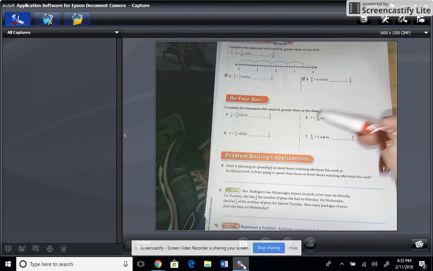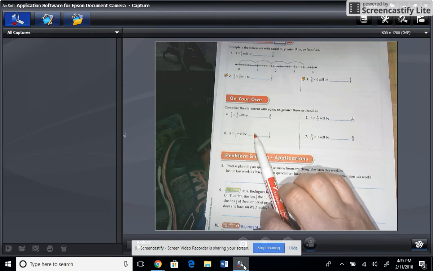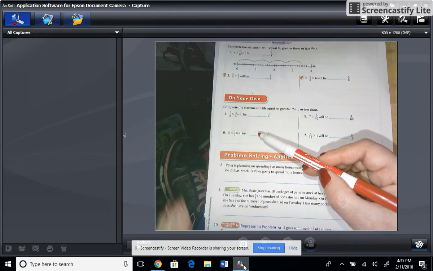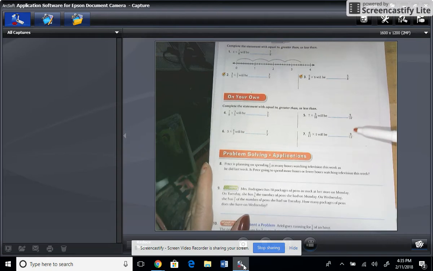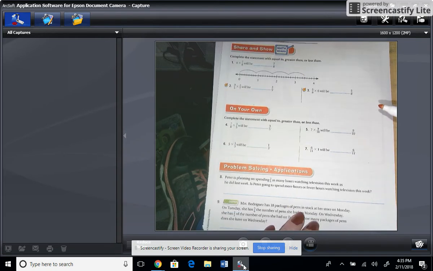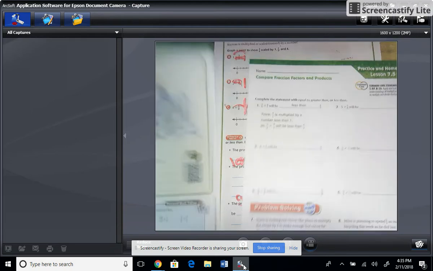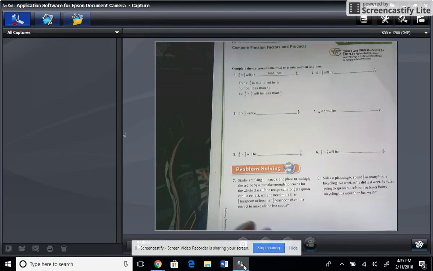All right, so let's go on to our homework. Let's do the evens, 1 or 2, and all at the bottom. All this is doing, guys, is trying to get you to think about what your answer should look like. So just really think about your problem and say, will it be more than this or less than this because of what they're asking me to do?